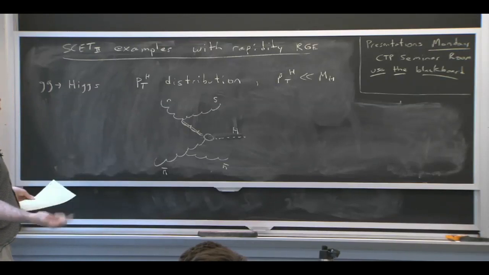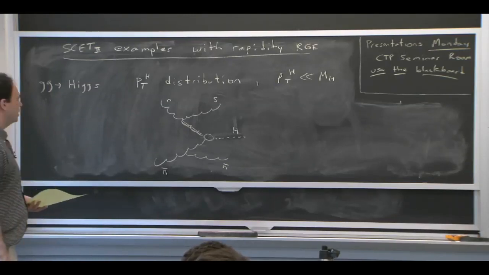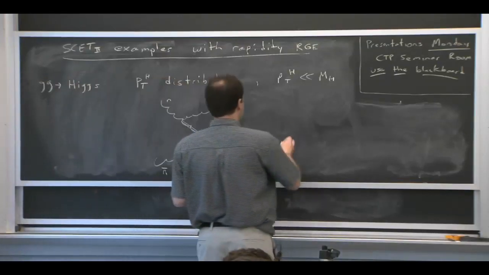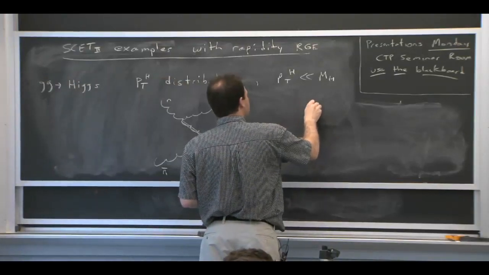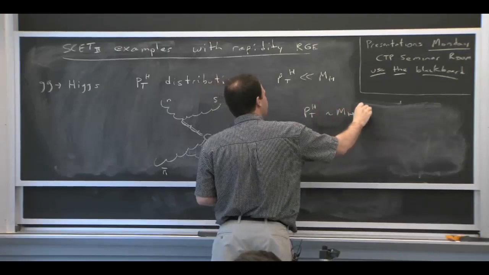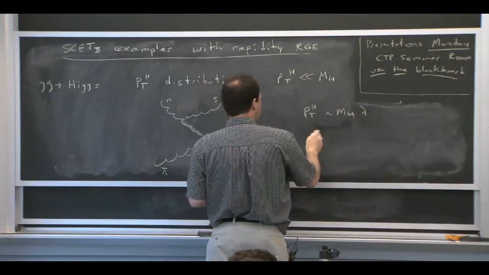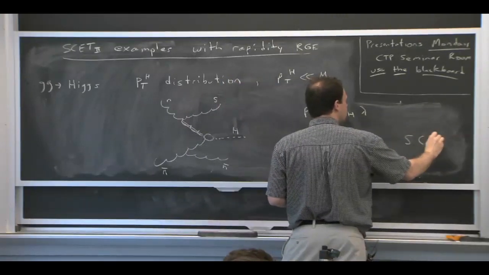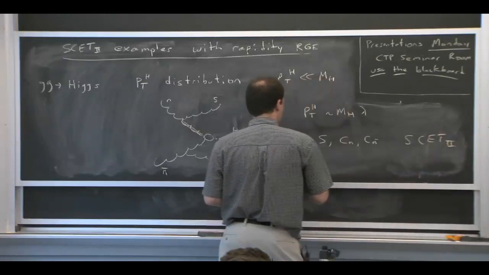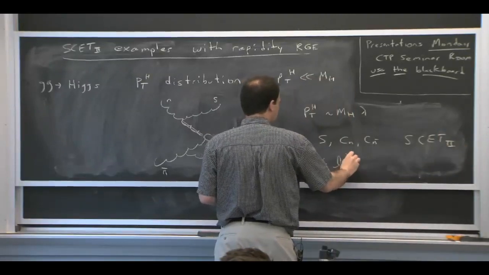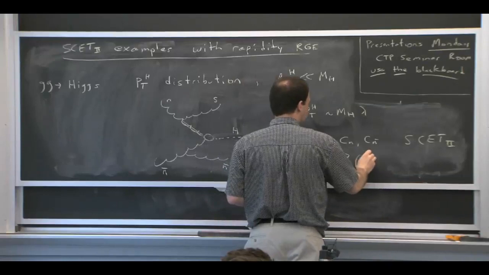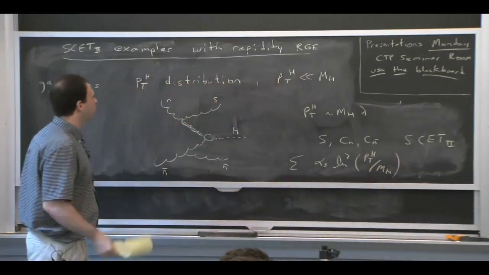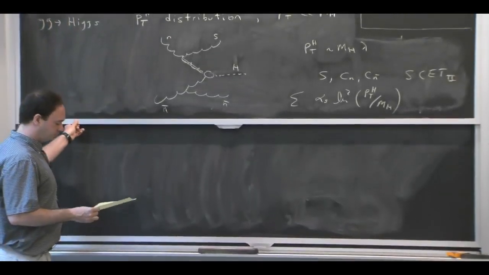Because you're only constraining a PT, it's an SCET_II problem with n, n bar, and S. So PT of the Higgs is order M_H lambda, and the modes are these ones. In this case, you'd want to sum up double logs of PT_H over M_H. That's what you might be interested in using the effective theory to do.